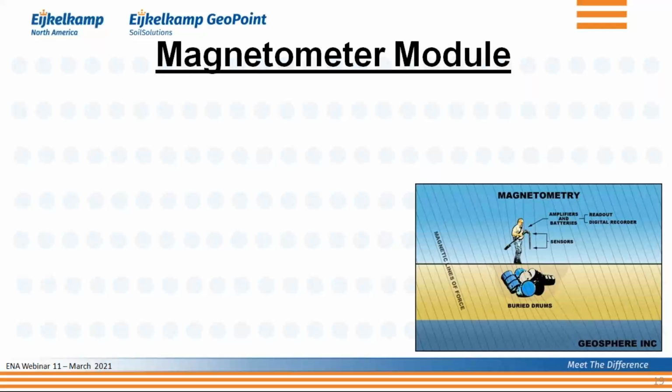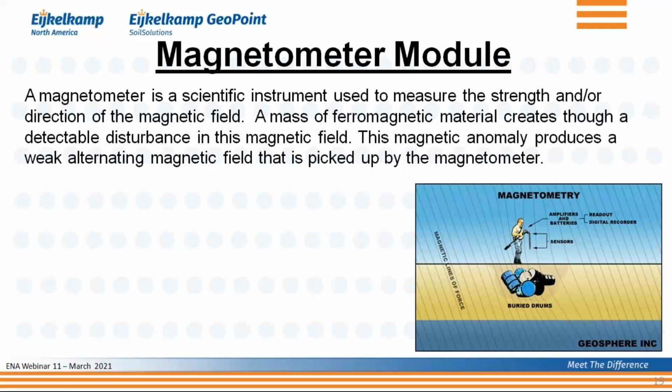But if you have some buried pieces of metal, that magnetic field will get distorted. And basically, what you do with a magnetometer is you measure the direction and the strength of the magnetic field.